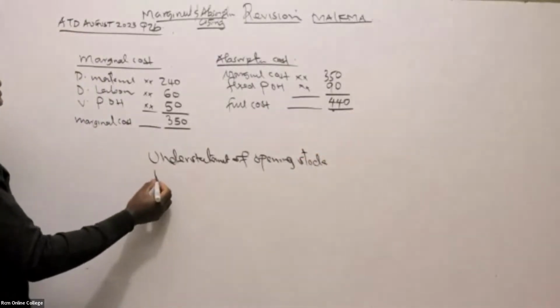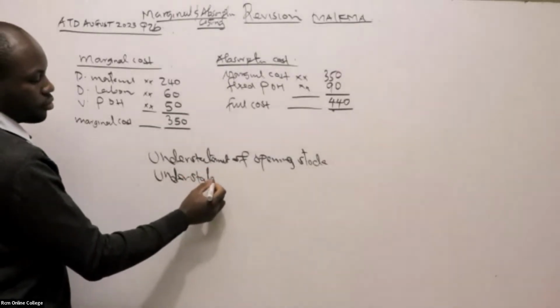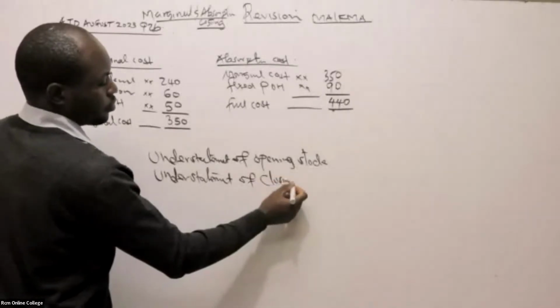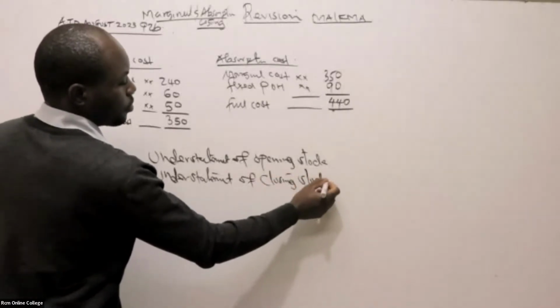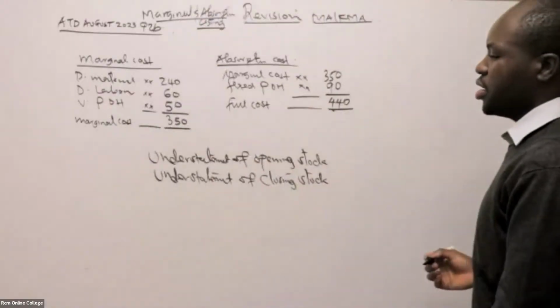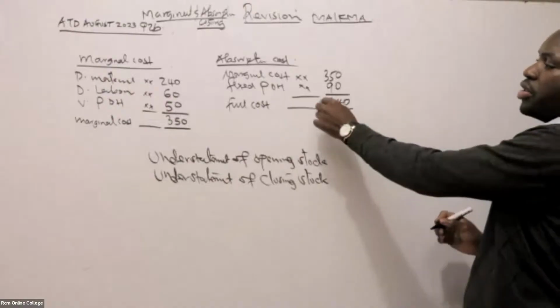Number two, it will lead to understatement of closing stock. Understatement of opening stock and also understatement of closing stock. Why the understatement? The understatement will come as a result of this difference.